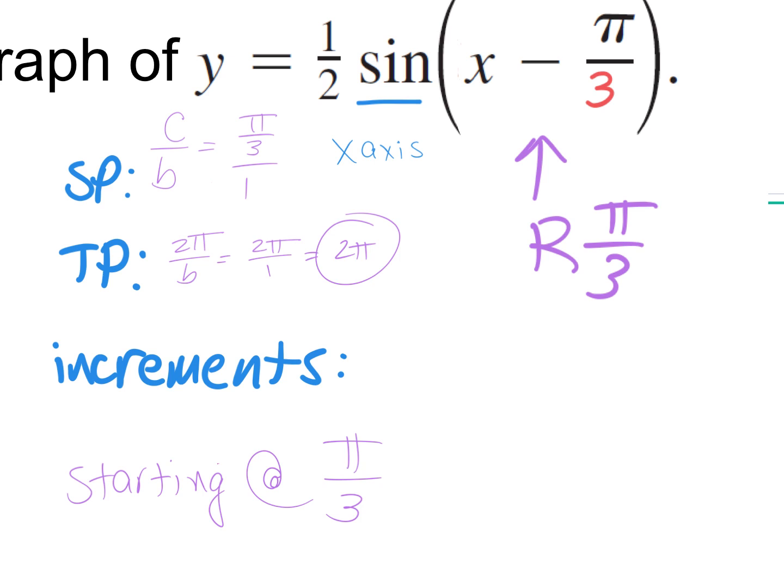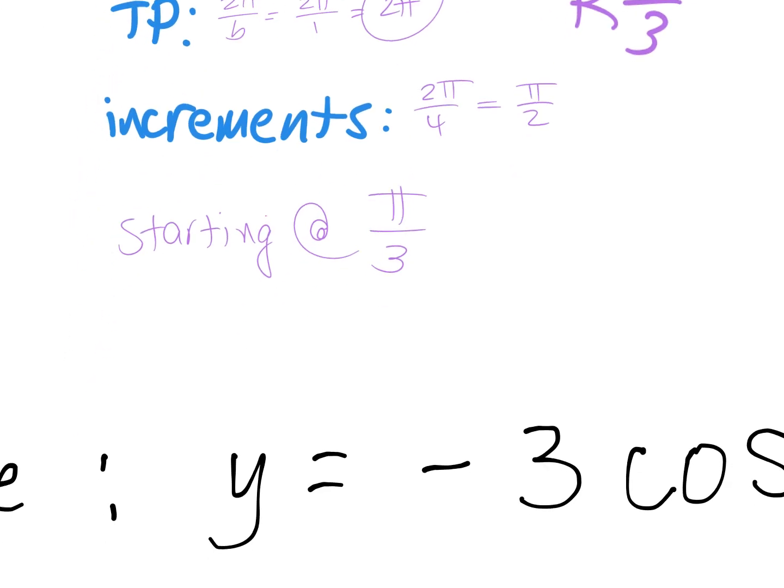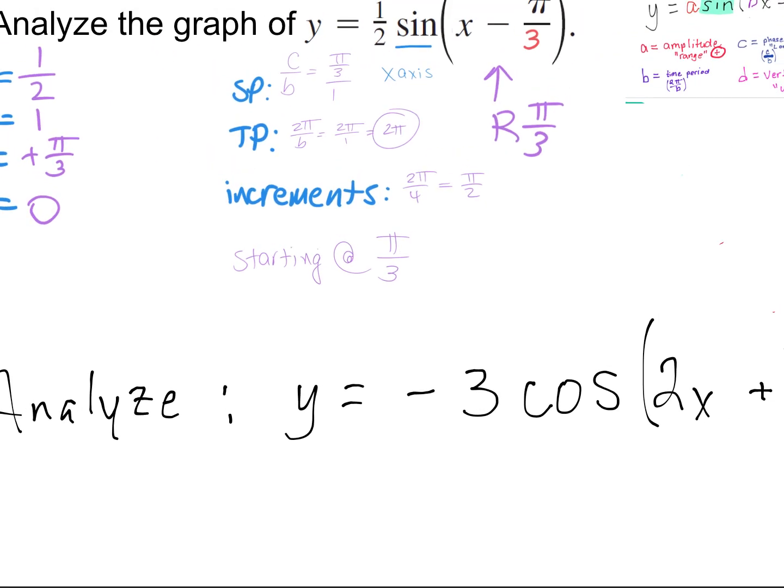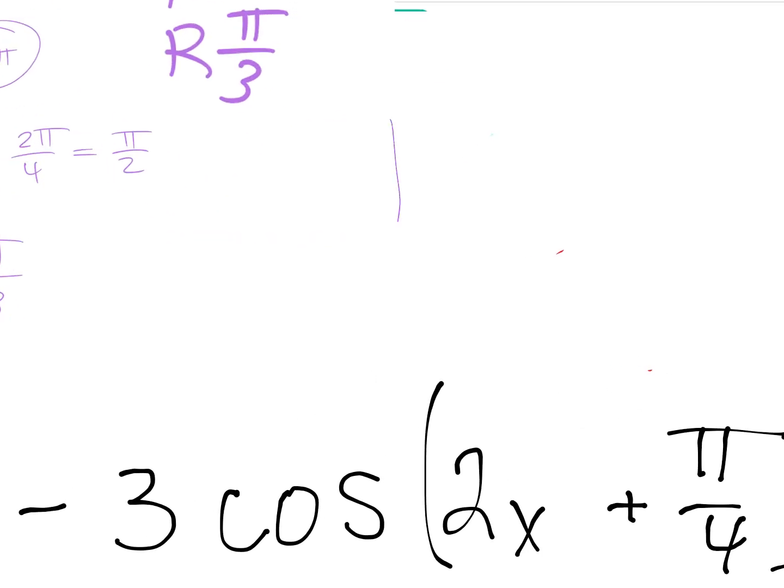So I take my 2 pi, I divide it by 4. That's how we find our increments. So what am I adding every time now? Pi over 2, which is what we did before. But it's not going to just be 0, pi over 2, pi, because where are we starting? At pi over 3. So here's my suggestion to you. Let me do this over here. All right, you're going to have an xy.